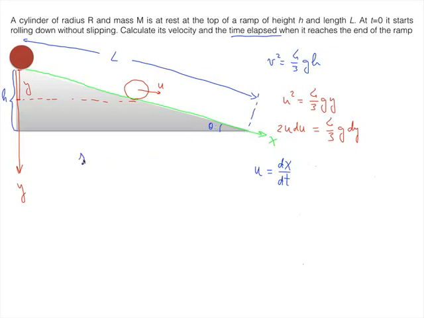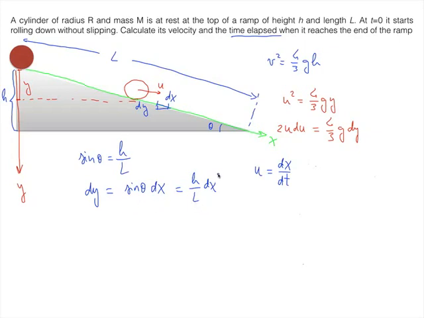Sine of theta equals h over L. If we take a small shift along the x-axis, differential of x, this small shift will correspond to a shift vertically along the y-axis, so that differential of y equals sine of theta times differential of x, which is h over L differential of x.